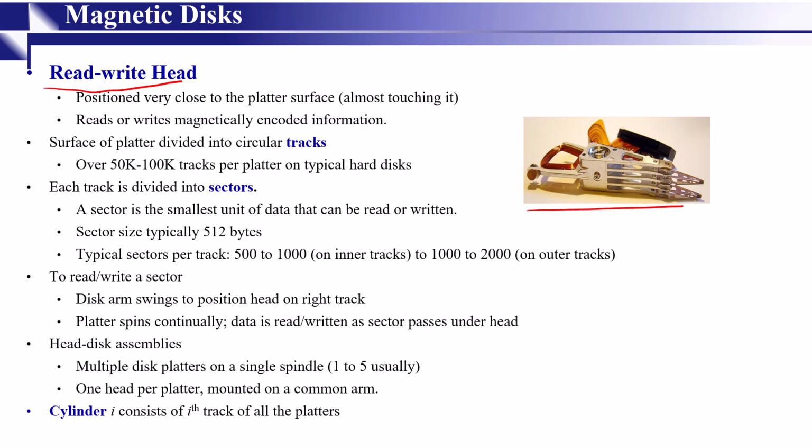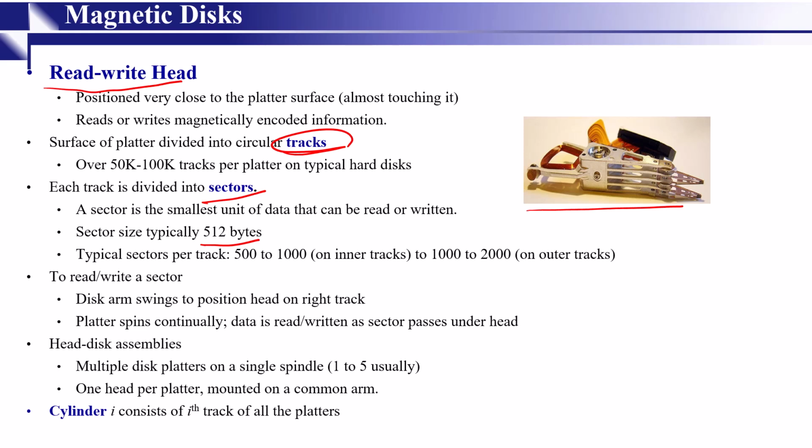The platter itself is divided into circular tracks, with modern hard disks having between 50,000 or even up to 100,000 tracks per platter. Then each track is further divided into sectors, and these sectors are the smallest unit of data that can be read or written, typically 512 bytes.